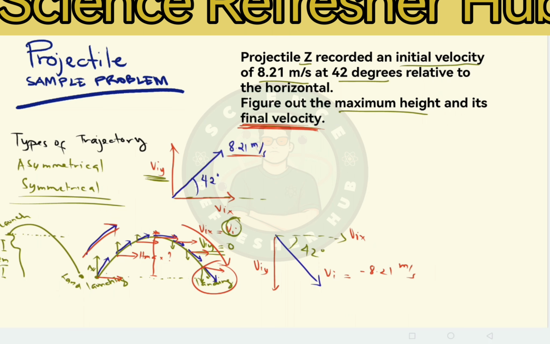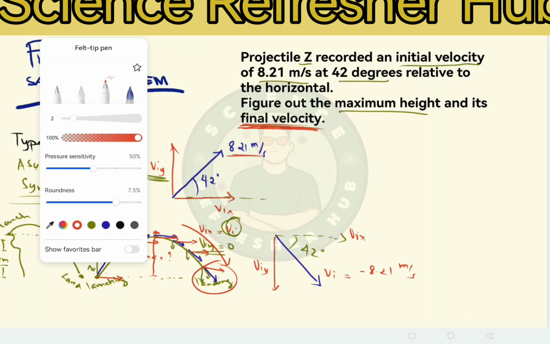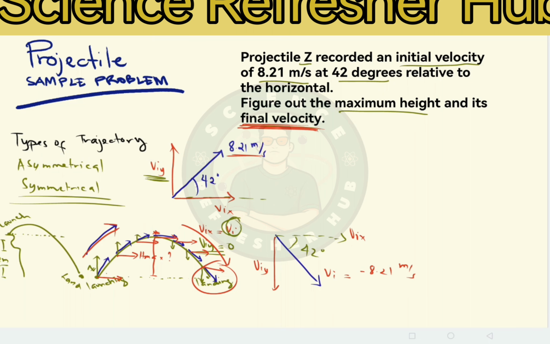Let's try to find out how to do it. Okay, so let's first find the maximum height. In our symmetrical trajectory, when we want to find the maximum height, we have to follow this formula. H max, or maximum height, is equal to v squared sine squared theta over negative 2g. We can rephrase this as vi sine theta, squared, over negative 2g.